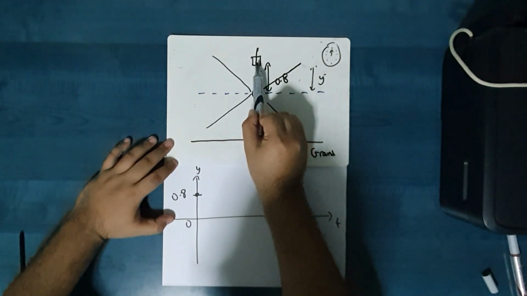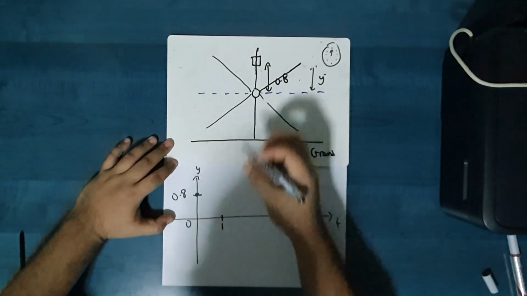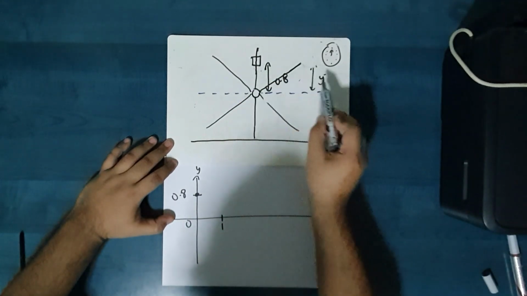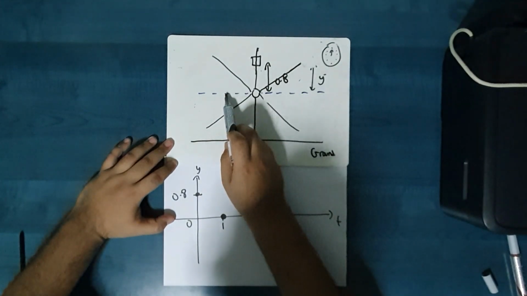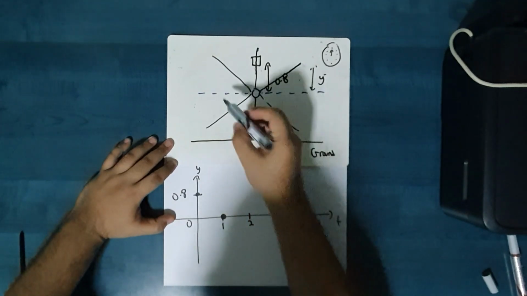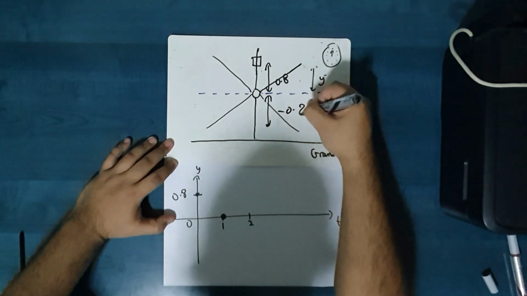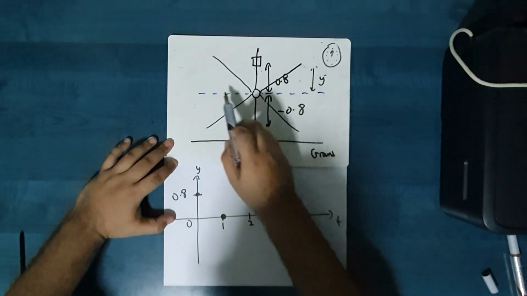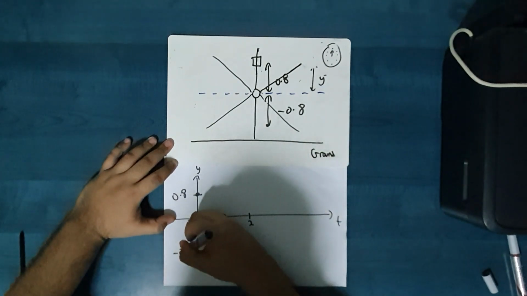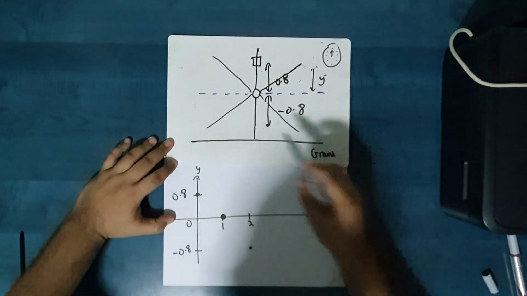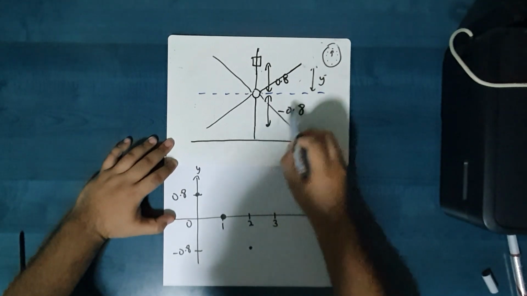After 1 second he goes down here where the y is 0. And 1 second later, which means 2 seconds have passed, he goes here and the lowest point is negative 0.8. So after 2 seconds, he is at negative 0.8.